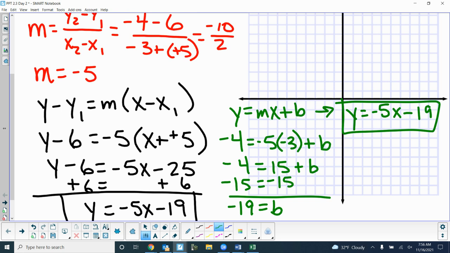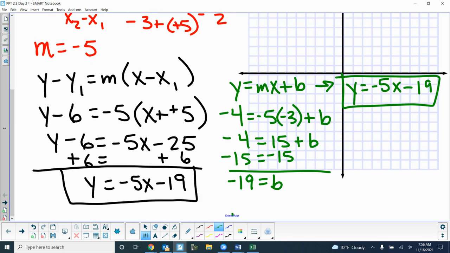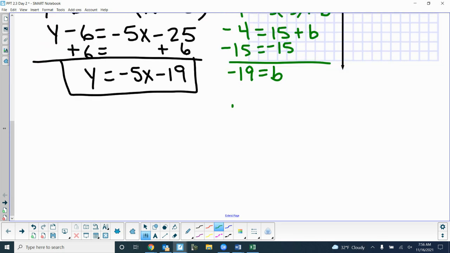Now number 12, they gave you this weird looking point. All right, but it's really not as bad. And again, I won't give you something like this on a quiz, but just to show you guys you can handle this, I just want to write it down here.